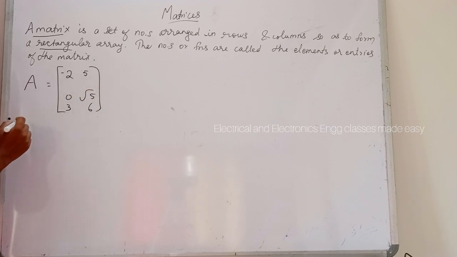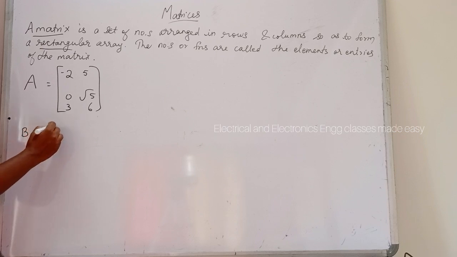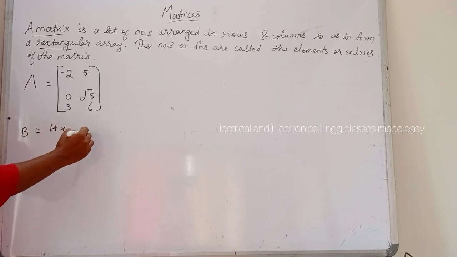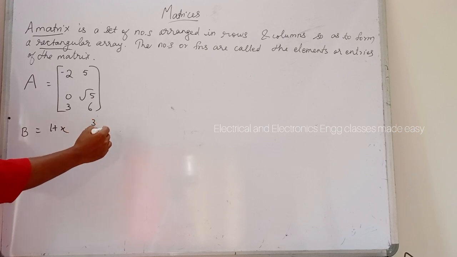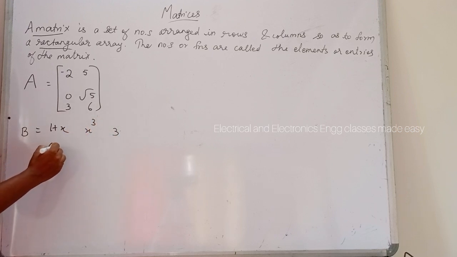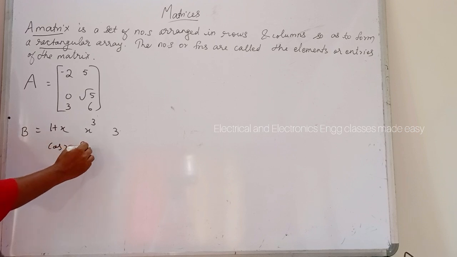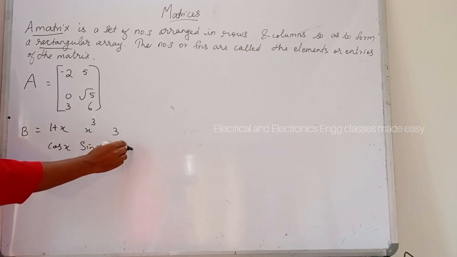Also another example is matrix B is equal to 1 plus x, then x cube, then 3, cos x, sin x plus 2, then tan x.